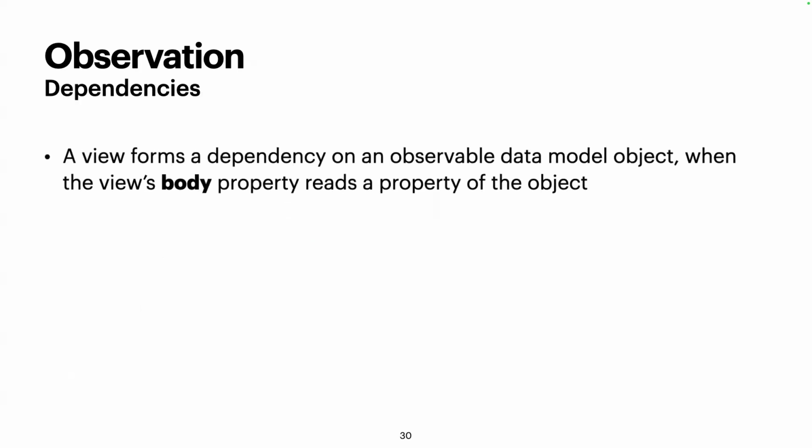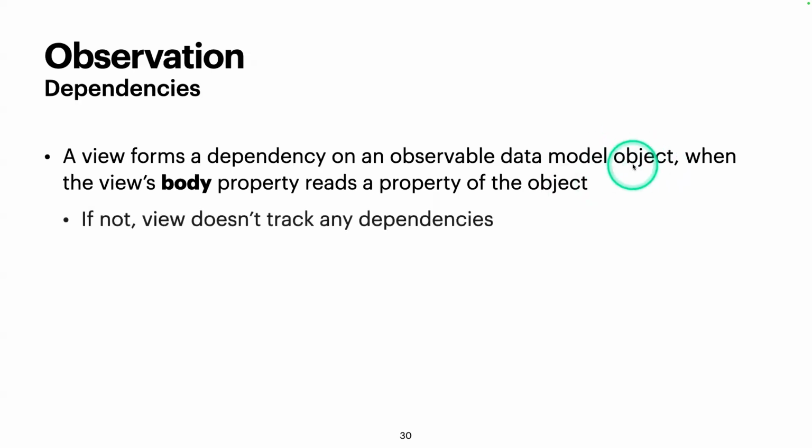So with this observation framework, we want to hone in on our dependency definition. A view forms a dependency on an observable data model object when the view's body property reads a property of the object. What that means is that if within your view's body property, there is some property that you're using from the observable data model object, then it forms a dependency with that object, like we've seen before.